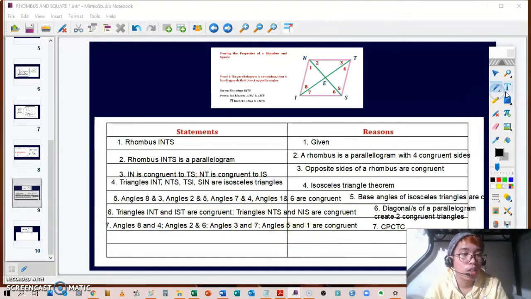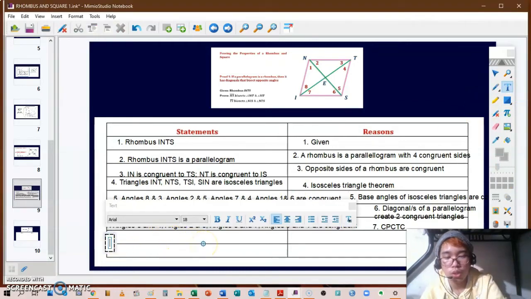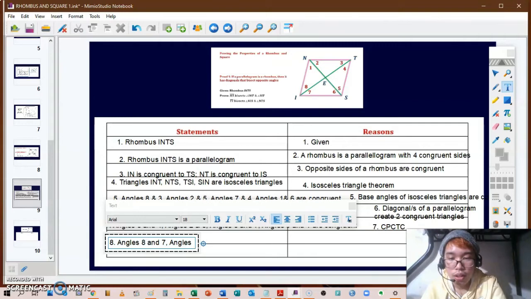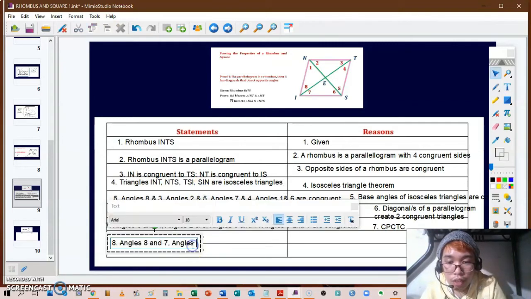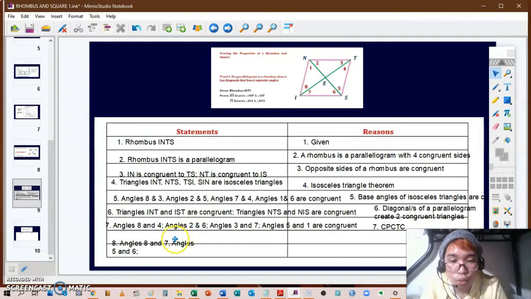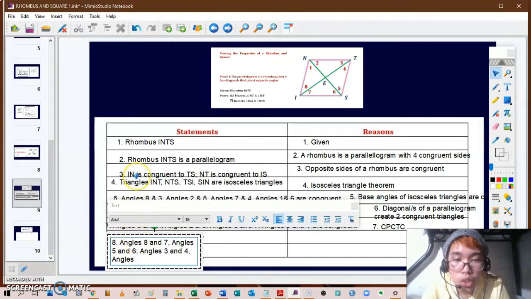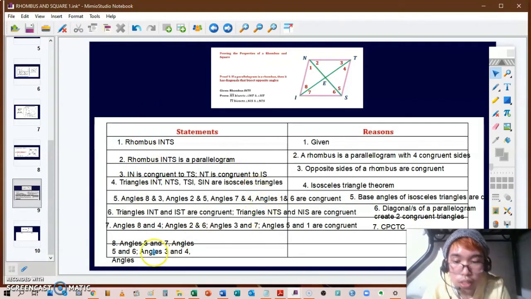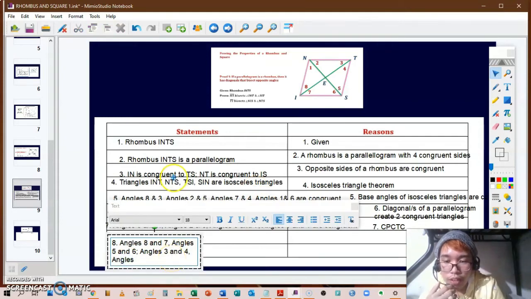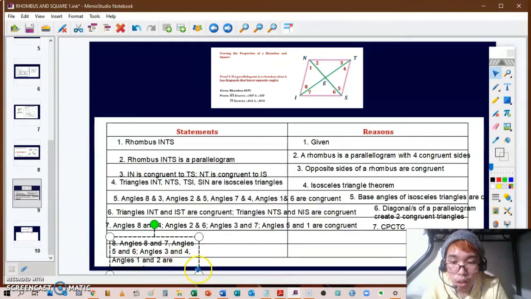So we can use the transitive property of congruence or equality to show that for number 8, angles 8 and 7, angles 5 and 6, angles 3 and 4, and angles 1 and 2 are congruent to each other, using the transitive property of equality.